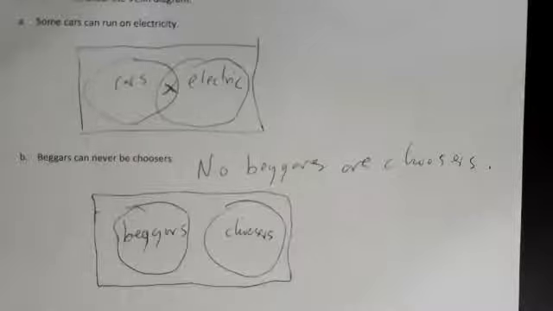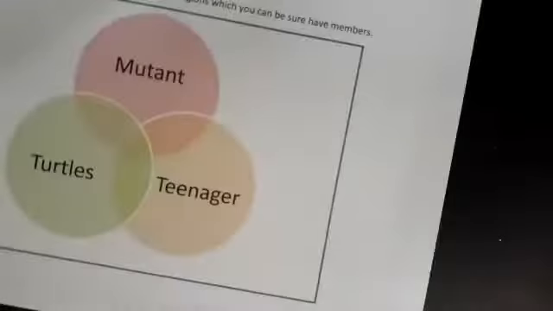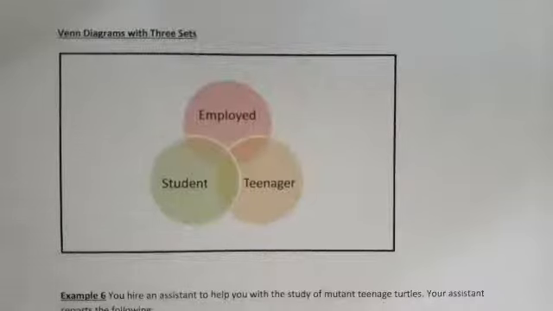Okay, so this is sort of Venn diagrams with two sets. The world gets more complicated than just two sets. So we're going to talk about three sets here. And we have employed, we have student, we have teenager.